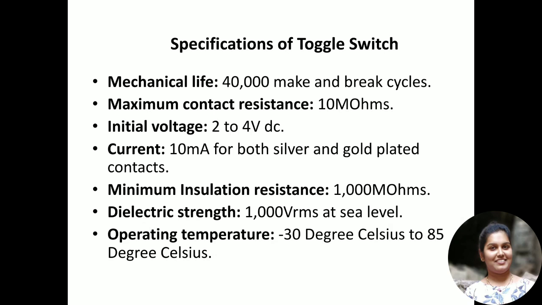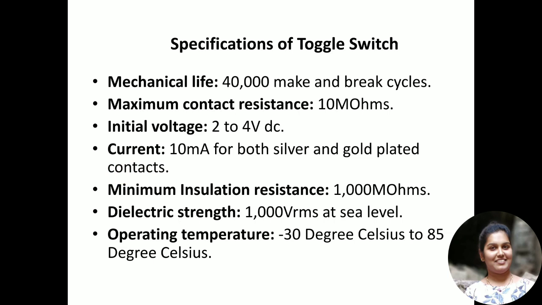The maximum contact resistance is up to 10 mega ohms, so up to 10 mega ohms the contact resistance can be tolerated, and the initial voltage is 2 to 4 volts DC. The initial voltage can be maintained.